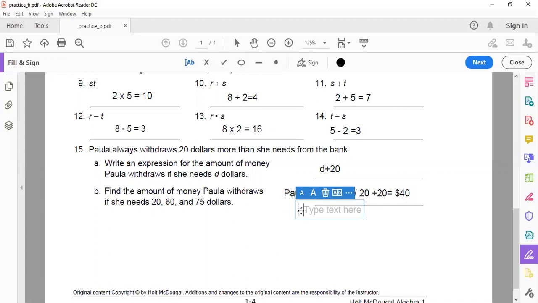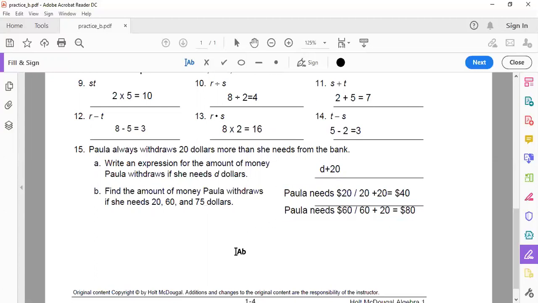So let's type here, Paula needs $60. Okay. How much do you think she is going to withdraw? If Paula needs $60, use the same expression. In place of D, you will write 60 plus 20, which is equal to $80. So if Paula needs $60, she will be withdrawing $80.